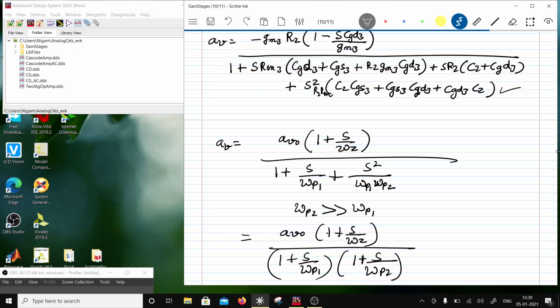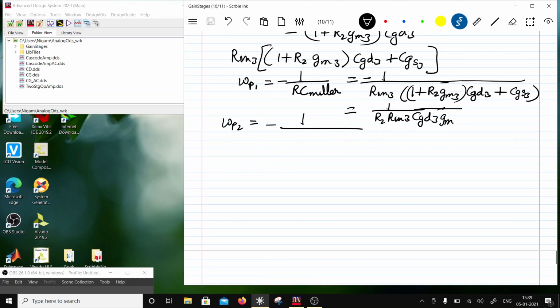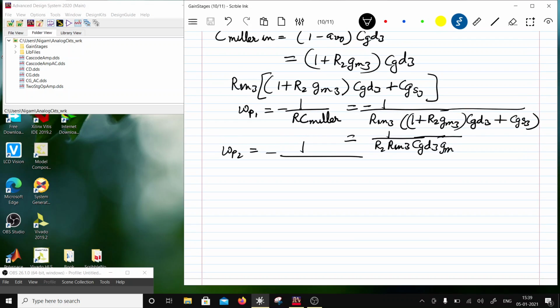R2 R in will cancel out, so I'll be left with GM3 CGD3 divided by CGD3 CGS3 plus CGS3 C2 plus C2 CGD3.